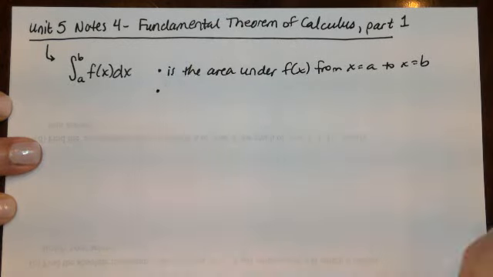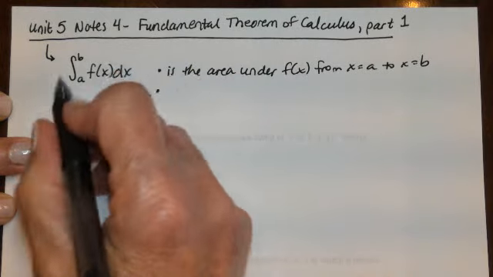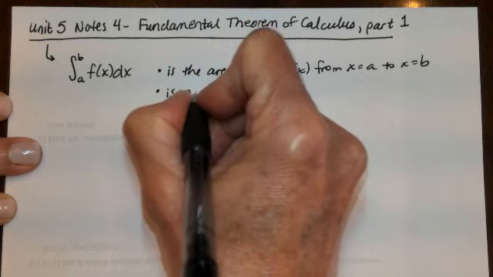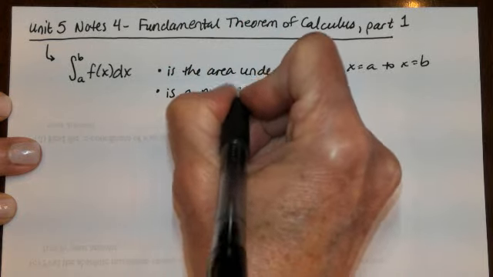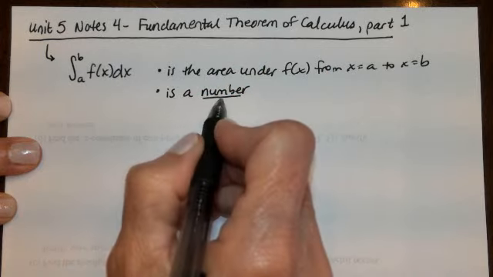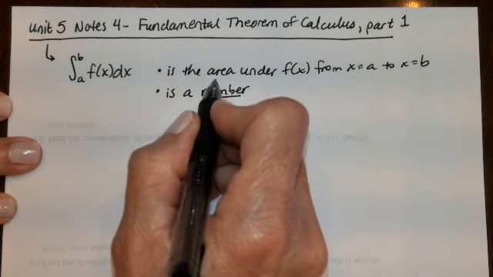And because it's the area, when we evaluate a definite integral, we get a number. A definite integral is a number because it's the area, right?